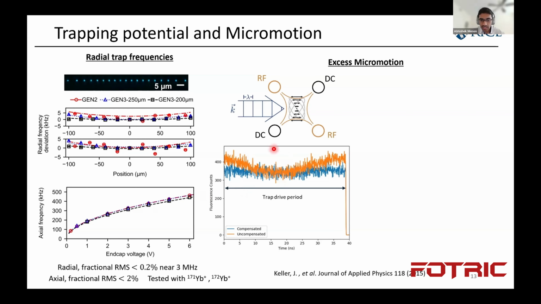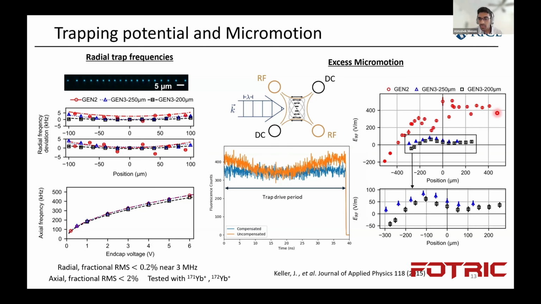We did it along the radial direction, and you can see that blue is compensated and orange is uncompensated. But the working point is the center of the trap, at least in the axial direction. That's the x-axis here. So whatever residual micromotion you have at the center is what you actually have. In our Gen 2 trap, we had considerable micromotion, about 400.